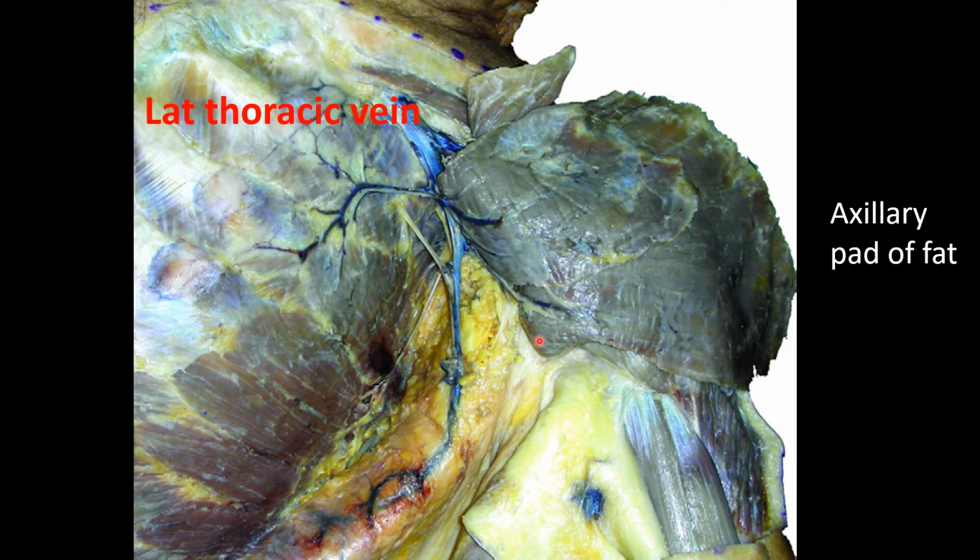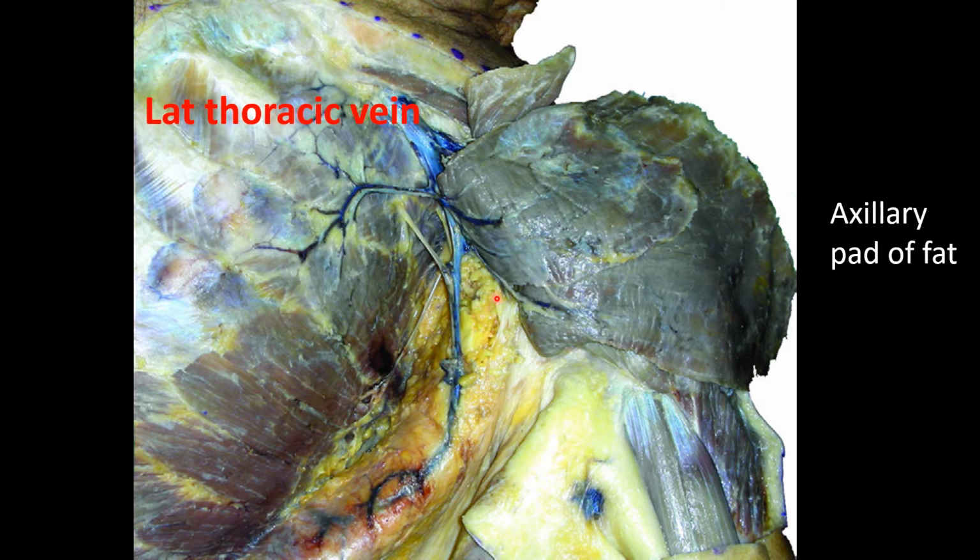Before going to see that, we have given an incision up to the midpoint of the axilla. Then we have to separate the skin, where we can identify the floor or base of the axilla. At the base we can identify the axillary pad of fat.